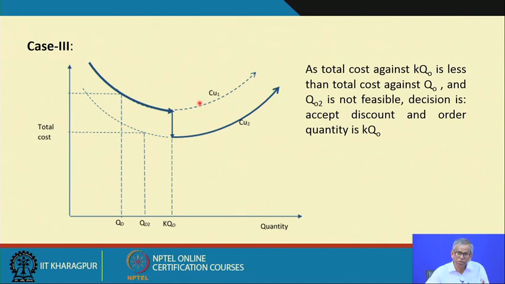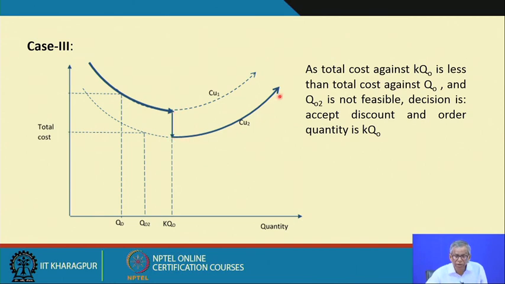Now you can come across case 3 also. That means now you are moving along, this is the first curve with CU1 without discount. Now when you cross Q0 over here, at this point you are offered a discount.